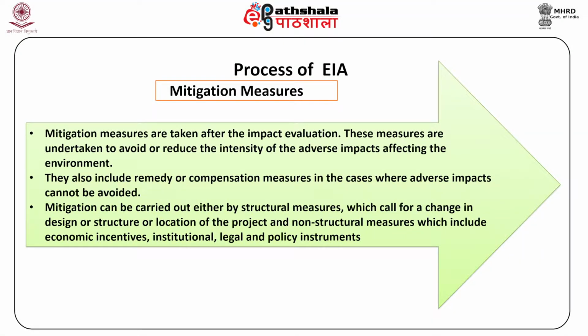Mitigation can be carried out either by structural measures which call for a change in design or structure or location of the project, and non-structural measures which include economic incentives, institutional, legal and policy instruments.